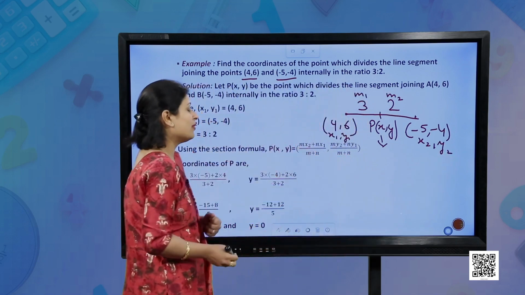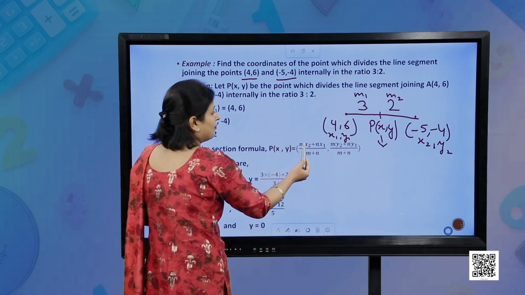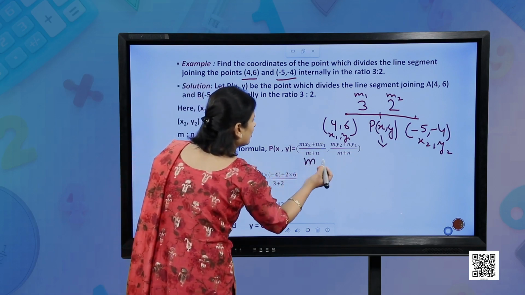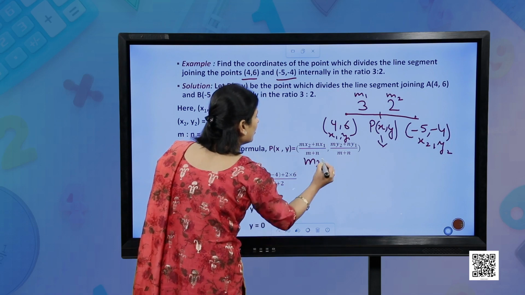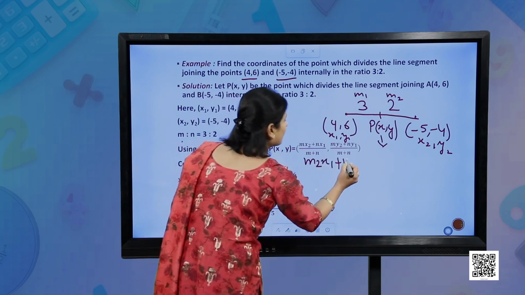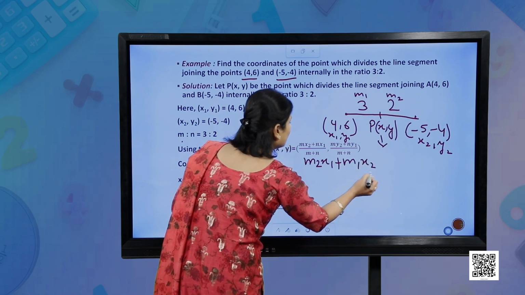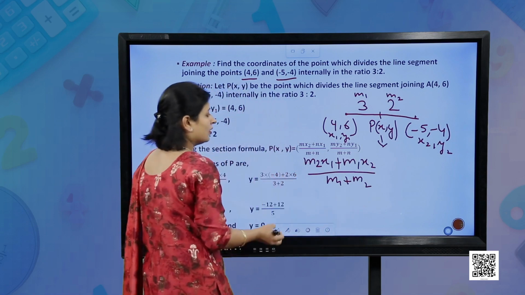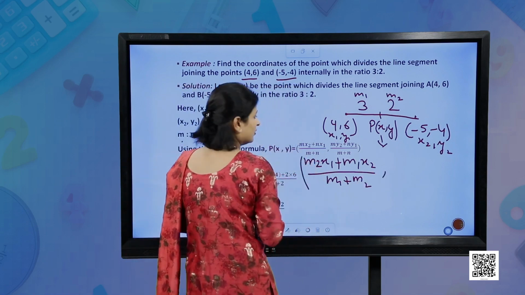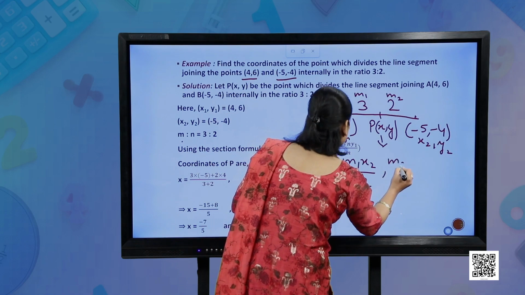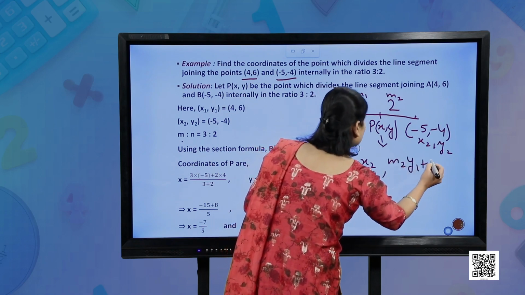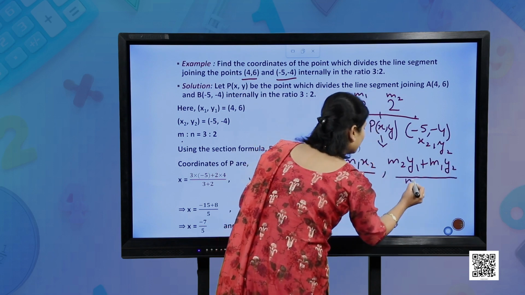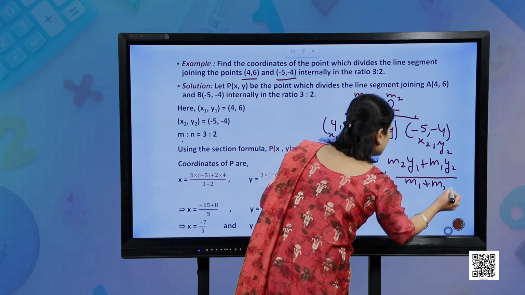Now, according to the section formula, we have (mx2 + nx1), or we can say (m2x1 + m1x2) divided by (m1 + m2), and for y we have (m2y1 + m1y2) divided by (m1 + m2).